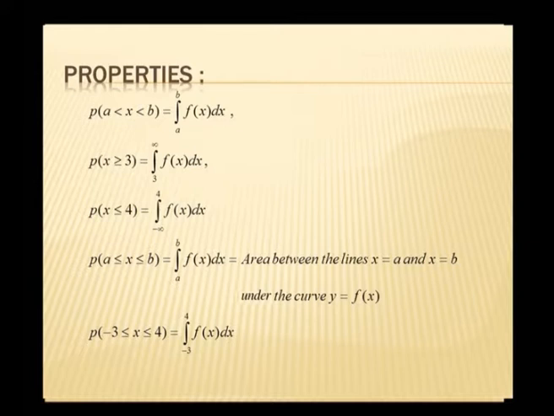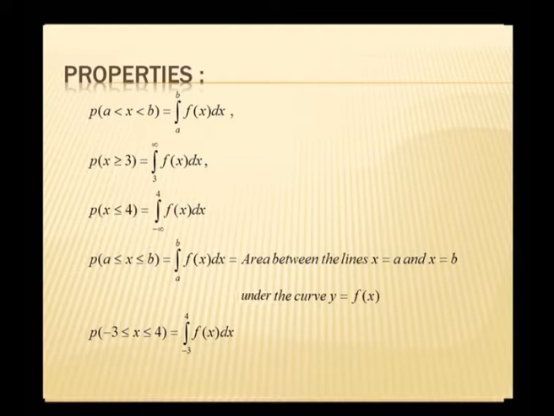So, 3 to infinity f of x dx, and P of x less than or equal to 4 means you are going to have from the lower limit to 4, but in this case the lower limit is minus infinity. So, we get minus infinity to 4 f of x dx, and P of a less than or equal to x less than or equal to b is defined as integral a to b f of x dx.